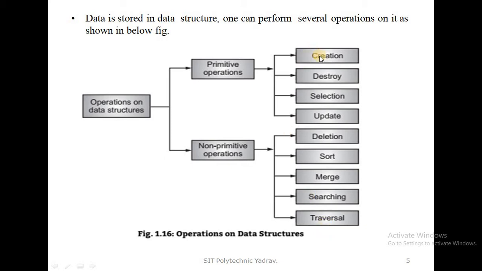Creation, destroy, selection, update are the types of primitive operations, and deletion, sort, merge, searching, traversal are the types of non-primitive operations. Primitive operations means the basic operations.